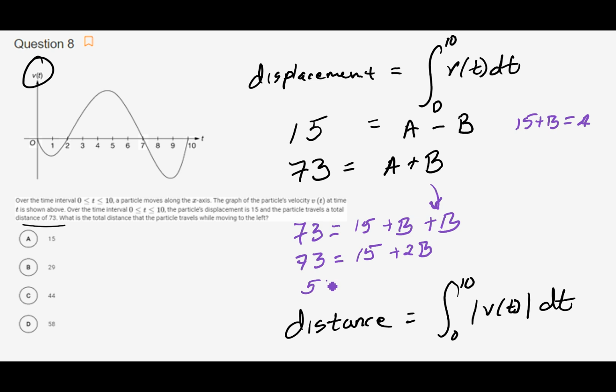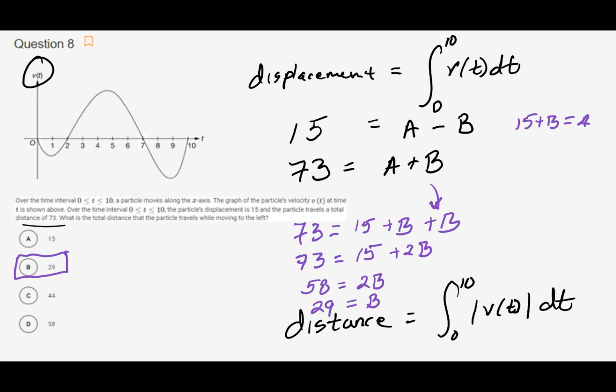Subtract 15, I end up with 58 equals 2b. Divide by 2, I end up with 29 is equal to b. And the reason I'm doing it in terms of b is because b represents below. Moving left is below. So 29 is my below piece.